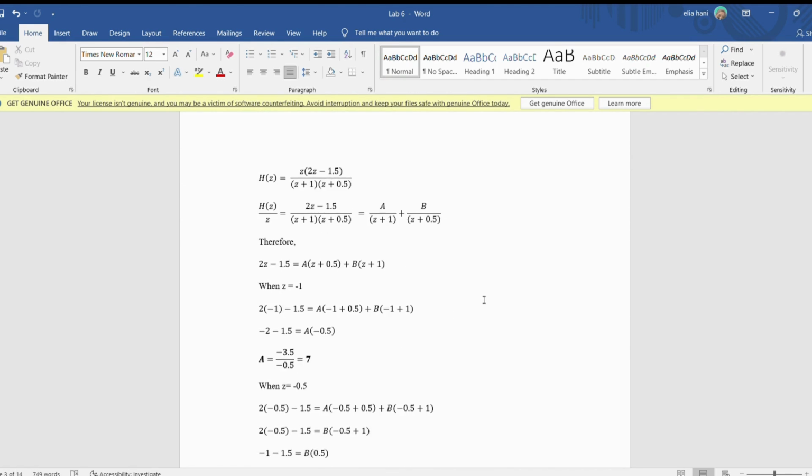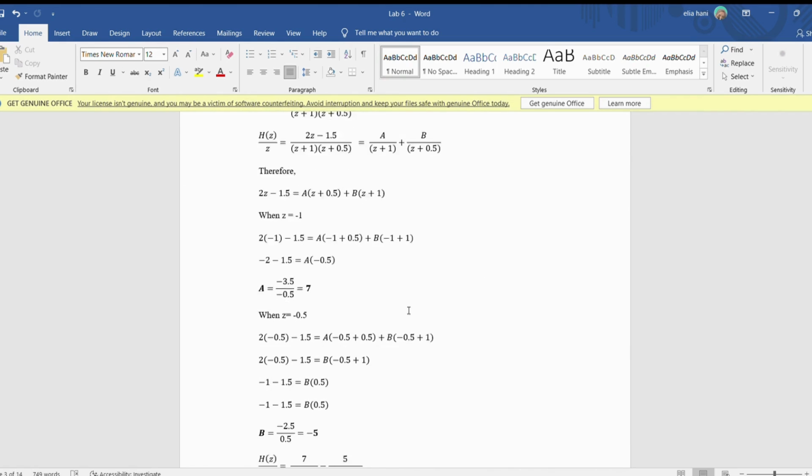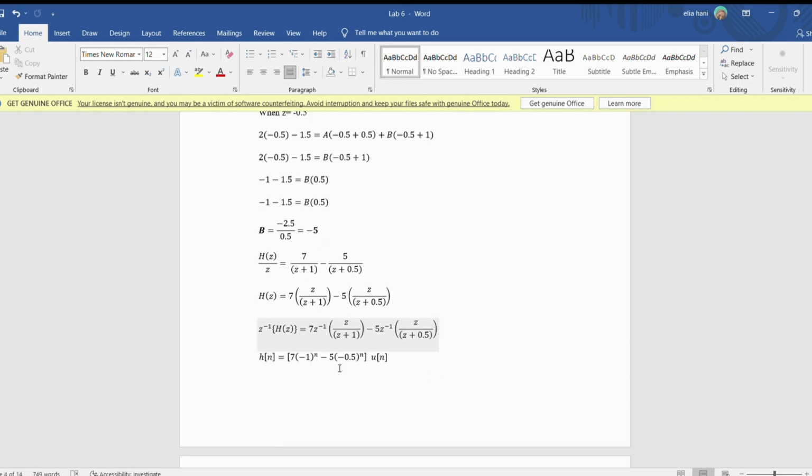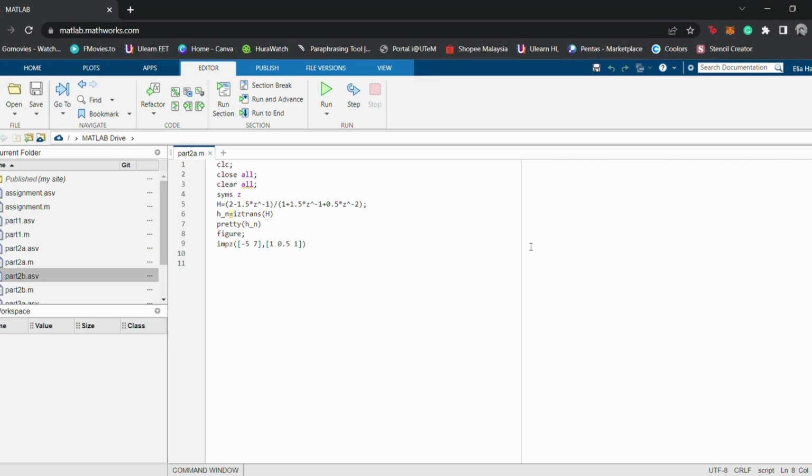By using the inspection method, each term of the partial fraction was inverse transformed, and the final answer was obtained in h[n]. For the simulation, the MATLAB command syms z was used to find the inverse transform for the IIR system. Then, the command iztrans(H) was used to perform the inverse Z transform on the Z-plane system. This concept was the same as calculating manually.